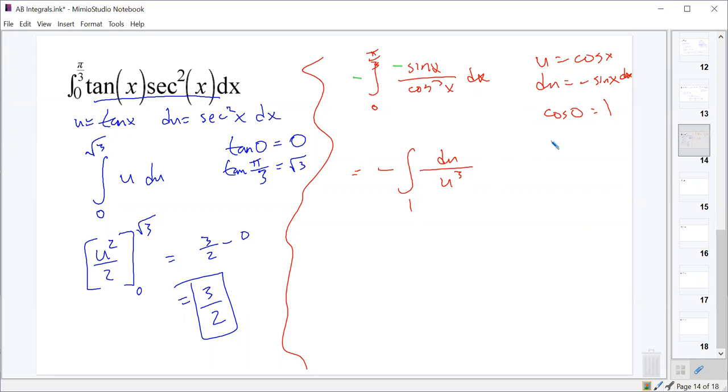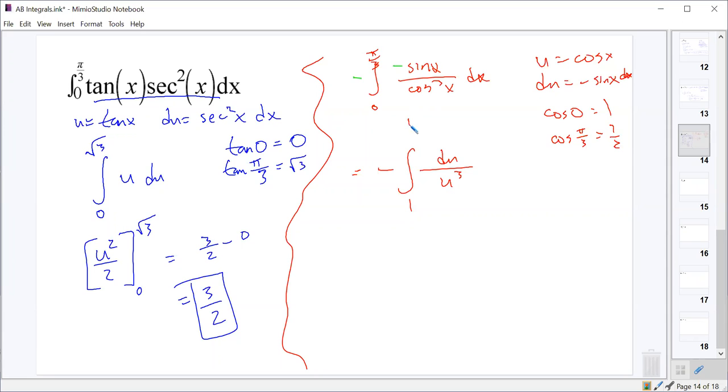And what's the cosine of pi over 3? Nope, cosine of pi over 3 is 1/2.